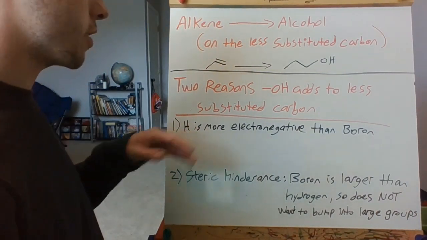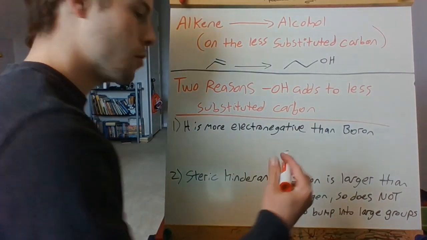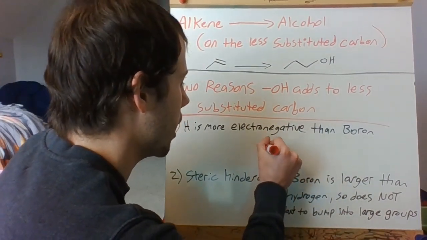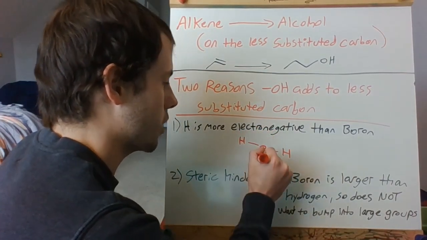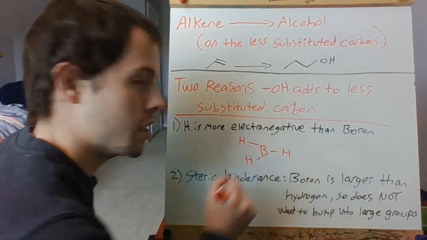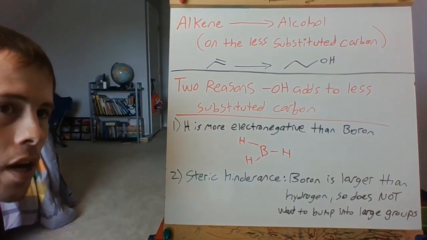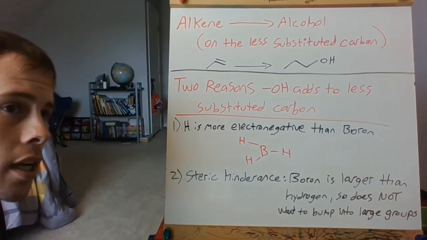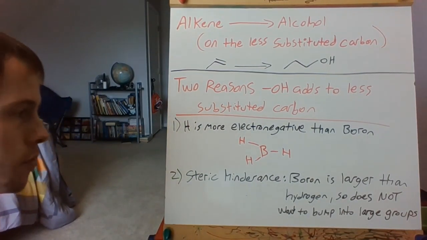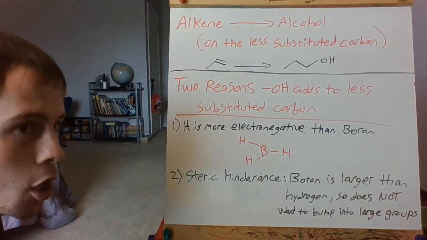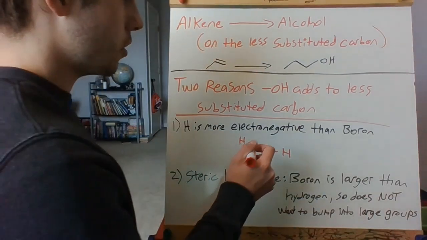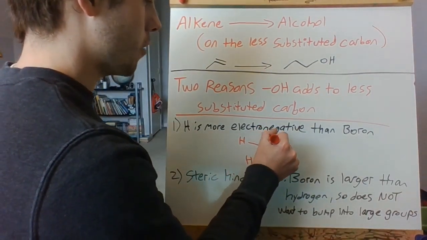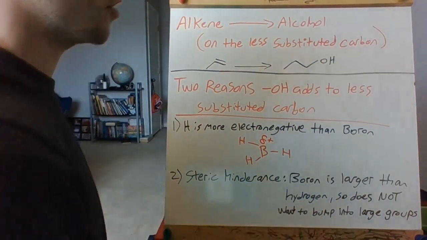First reason is hydrogen is more electronegative than boron, and so if we draw out the BH3 molecule and we look at an electronegativity table, we see that hydrogen has an electronegativity value of about 2.2, and boron has an electronegativity value of about 2.0. And so although it's not very big difference, the boron does have a partial positive charge on it.